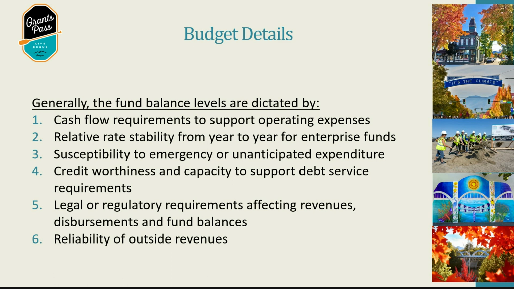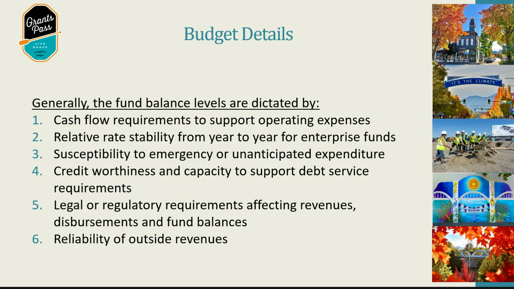Generally, the fund balance levels are dictated by cash flows, relative rate stability from year to year, susceptibility to emergency or unanticipated expenditures, its credit worthiness and capacity to support debt service, legal or regulatory requirements affecting revenues, and reliability of outside revenues.